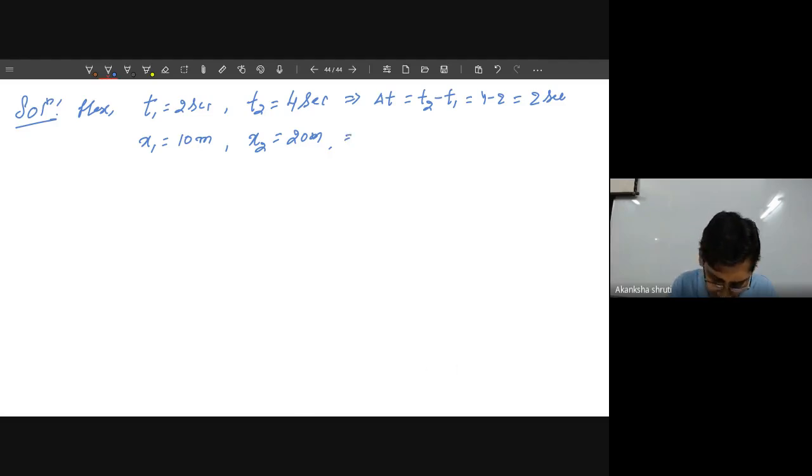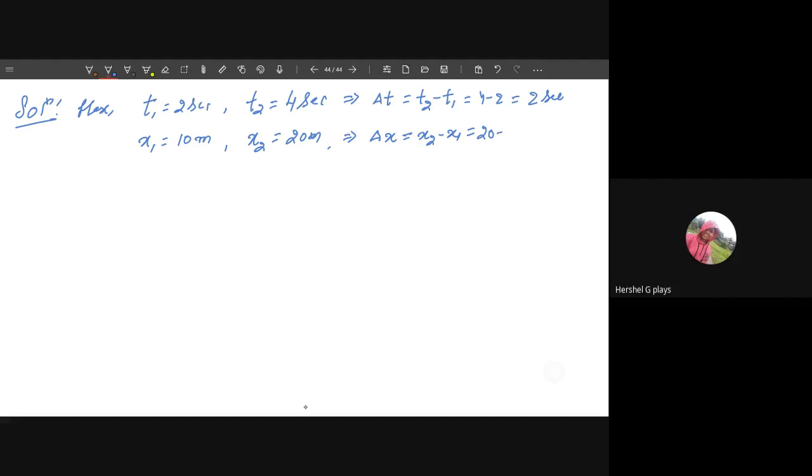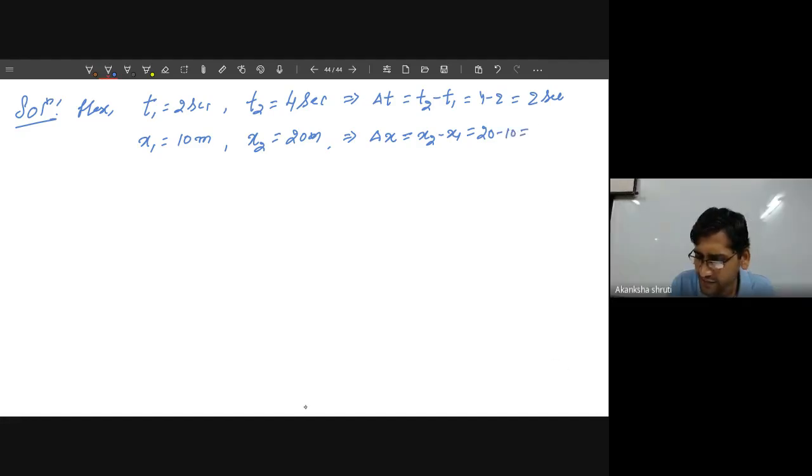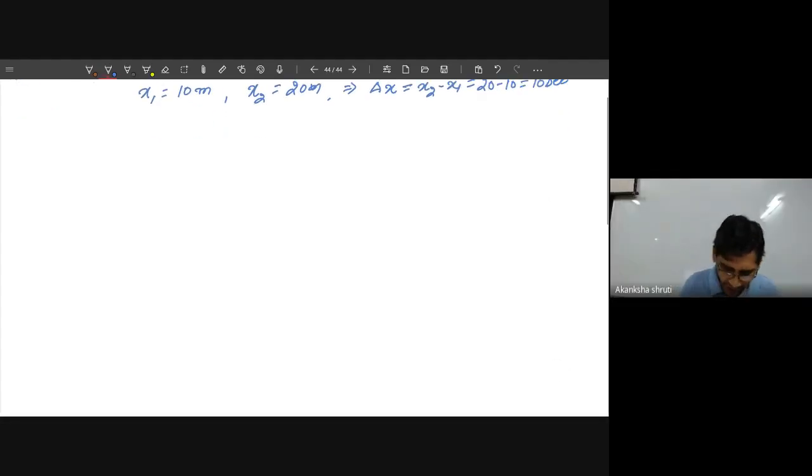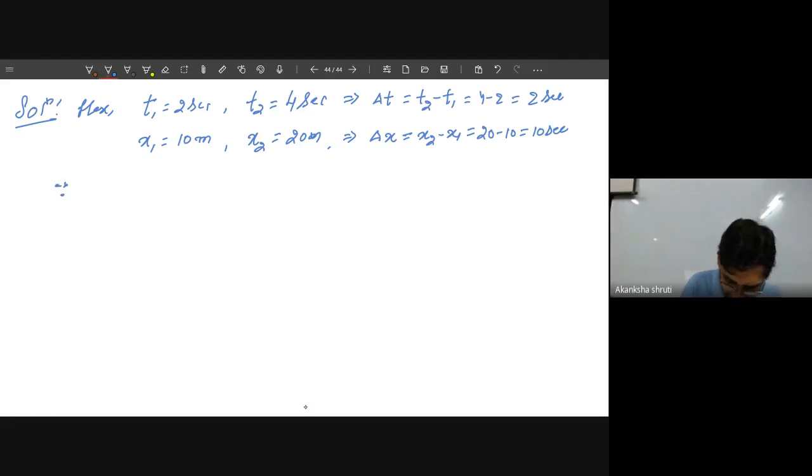Okay students, from this position you have to calculate delta x. It is x2 minus x1, denoted by 20 minus 10, which is 10 meters. Now since velocity is given by, you may directly denote it in terms of symbols rather than writing the complete statement, delta x by delta t.